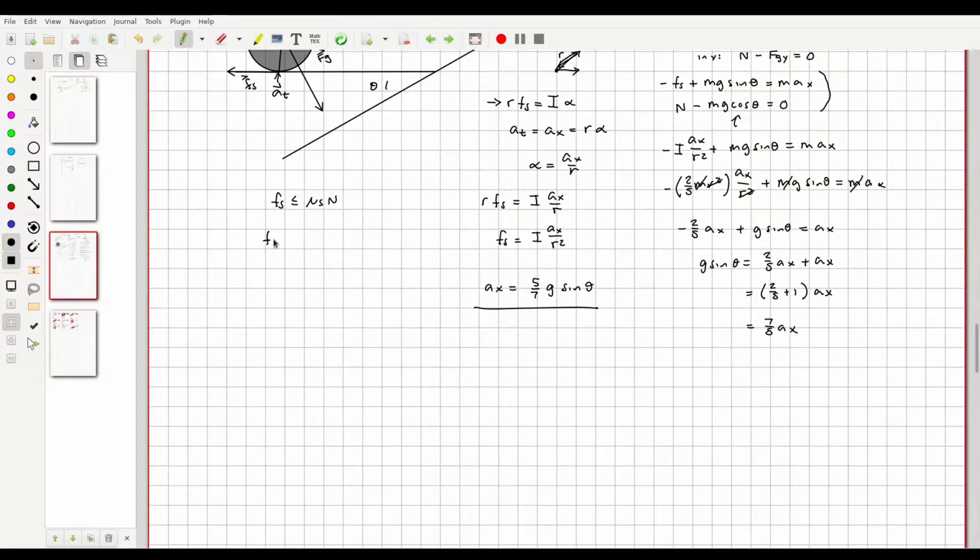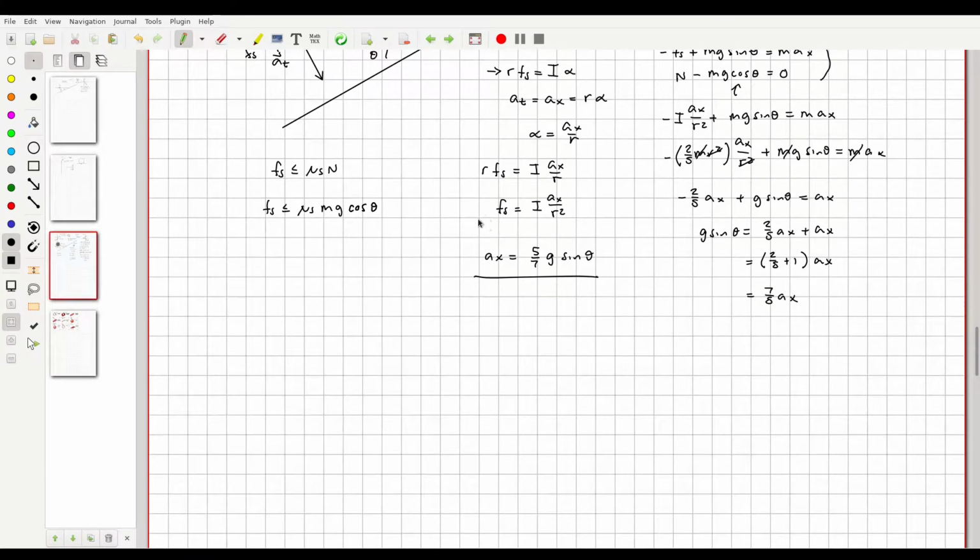So F sub s here needs to be less than or equal to mu sub s times mg cosine of theta. And we also have, like I said, a mathematical form for what the frictional force looks like, due to the fact that this thing is rolling without slipping. Okay, so on the left-hand side, we have I times a sub x over r squared. And look, we've already found out what a sub x is, this right here.